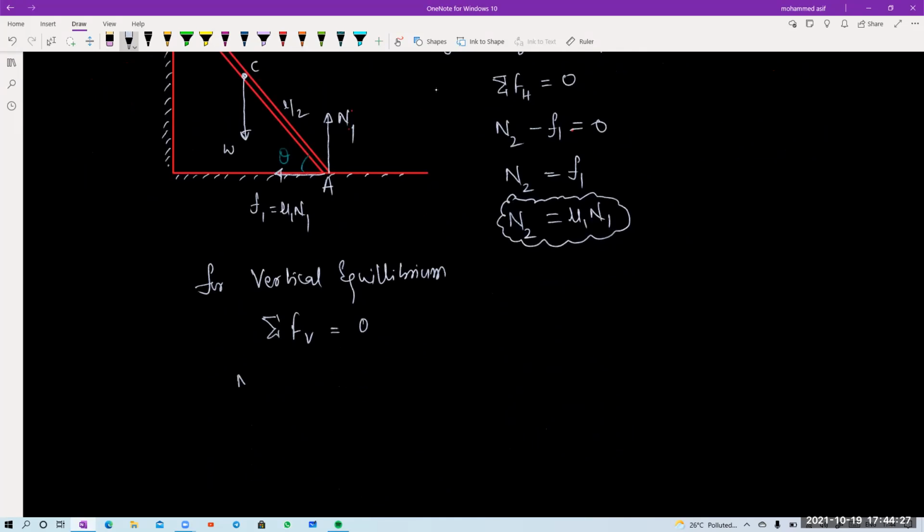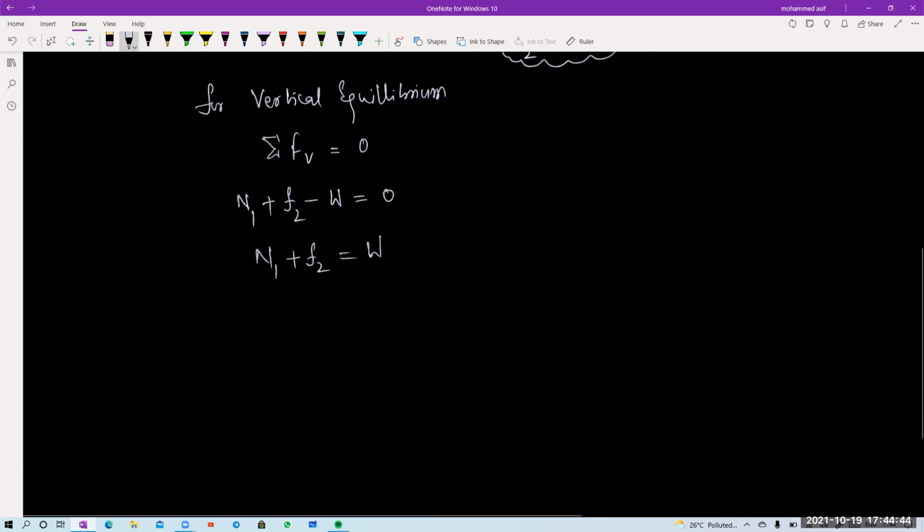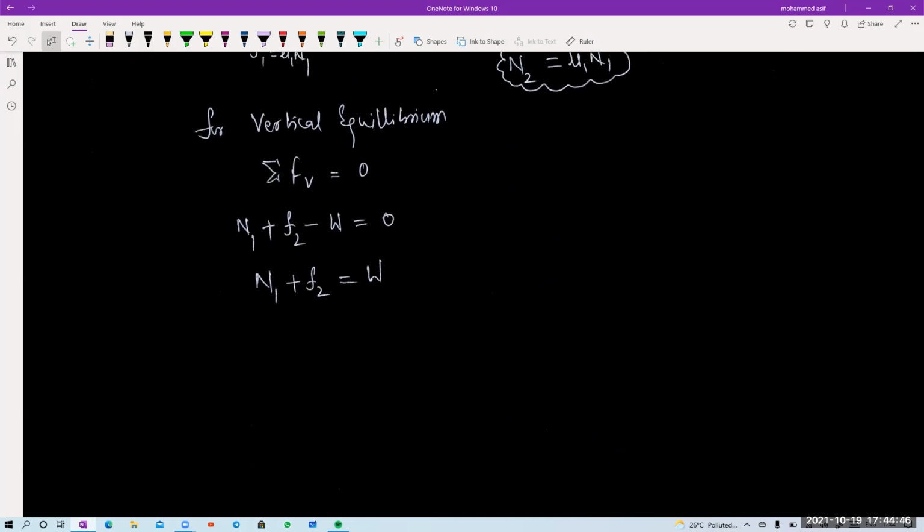So N1 plus F2 minus W must be equal to 0. That means N1 plus F2 will be equal to W. Clear? That means N1 will be equal to W minus F2. So N1 plus F2, which is mu2 into N2, will be equal to W.